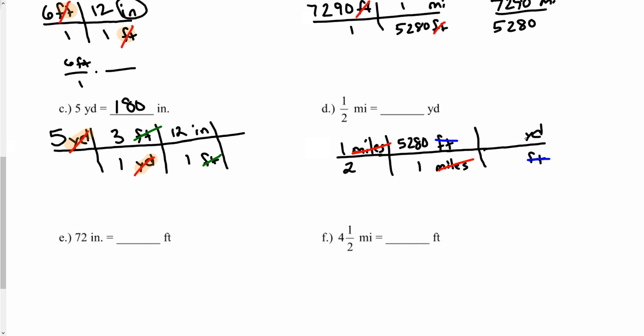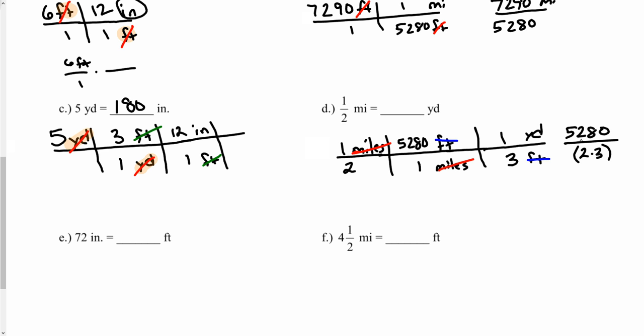Okay, but let's get our number. Is it 3 yards and 1 foot or 1 yard and 3 feet? That's what it is. Okay. So really what we have here is 5,280 divided by 2 times 3. Now, if you do this on the calculator, you're going to want to either put this in parentheses or do it first.